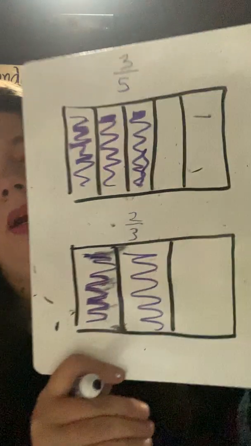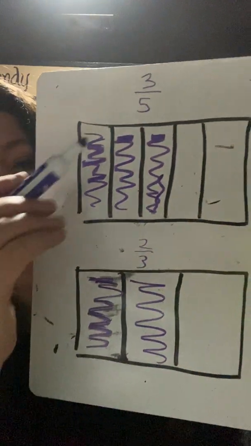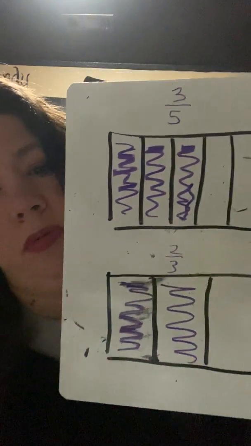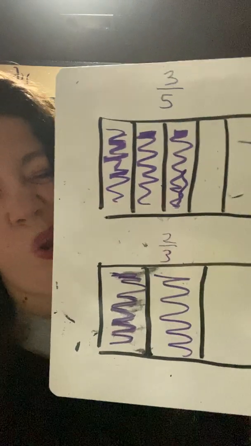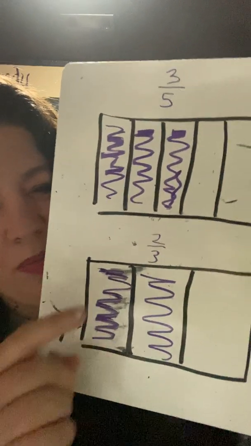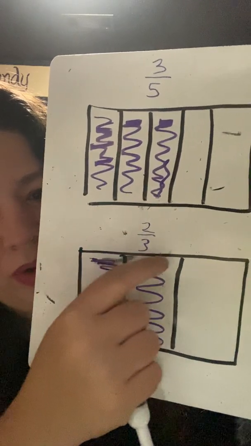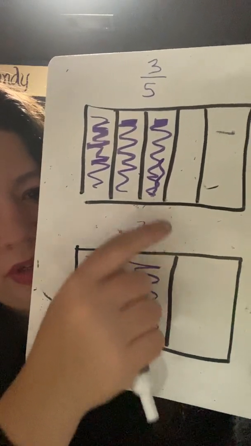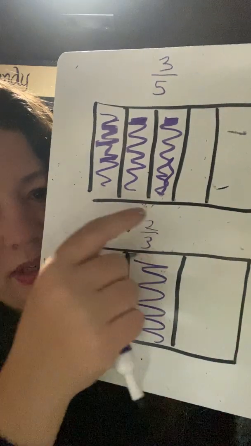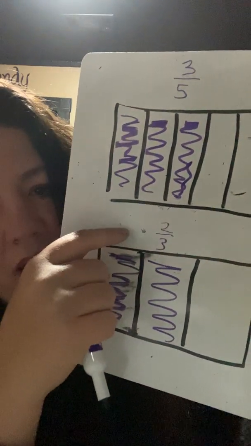And I'll say, compare these. Which is more, 3/5 or 2/3? Well, I just showed you with numbers how it's more, but look closely at the diagram. Look, 2/3 is more of the square than 3/5 is. You look at those fractions and you just say, I don't know.